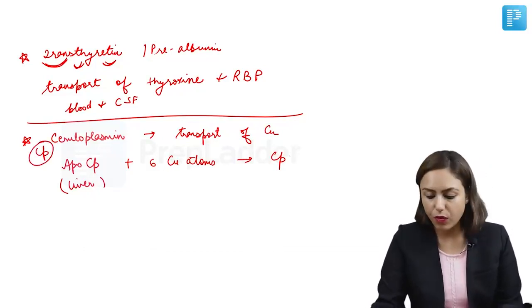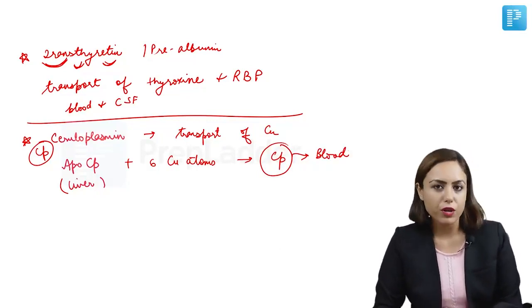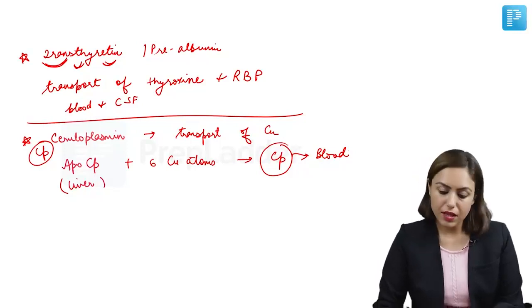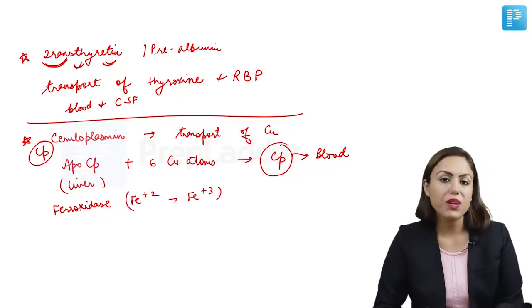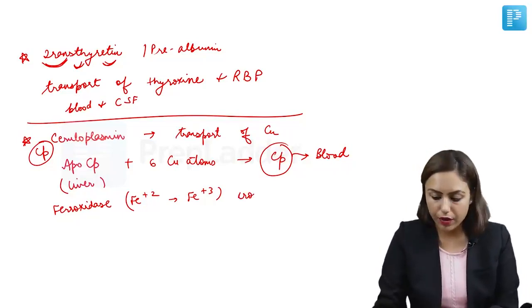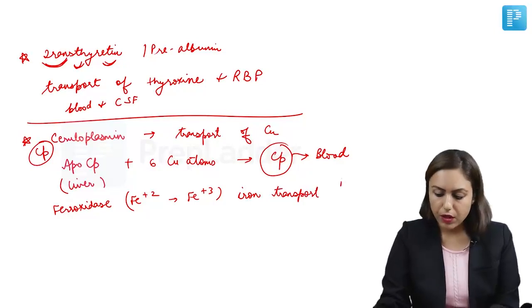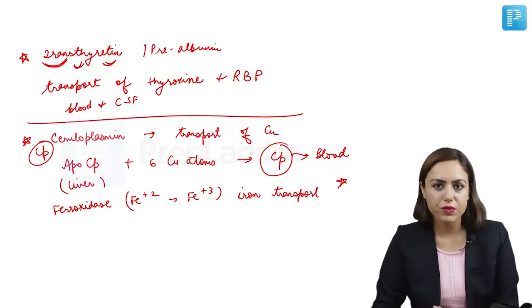Ceruloplasmin goes in blood and takes copper from the liver to the peripheral tissues, right? And this enzyme also has ferroxidase activity. It converts Fe+2 to Fe+3, right? And this is required for iron transport in the body. So this ceruloplasmin is also very important in iron metabolism.